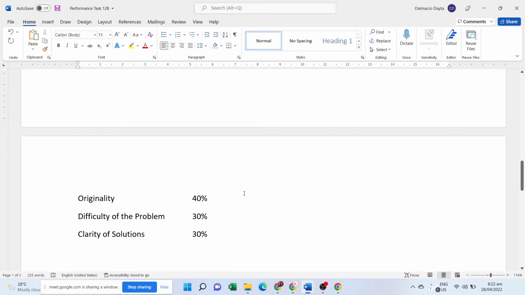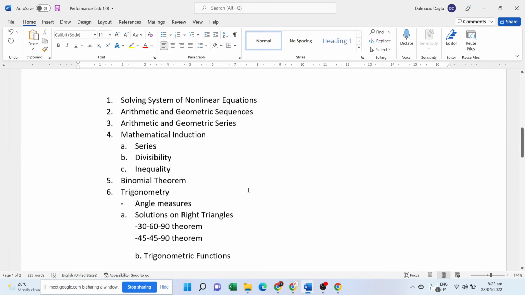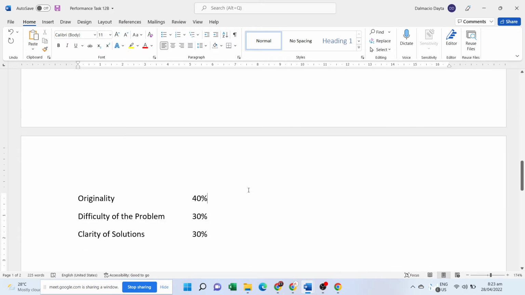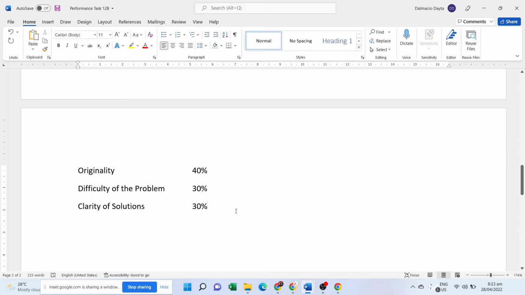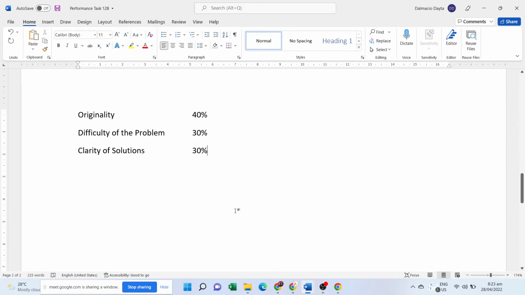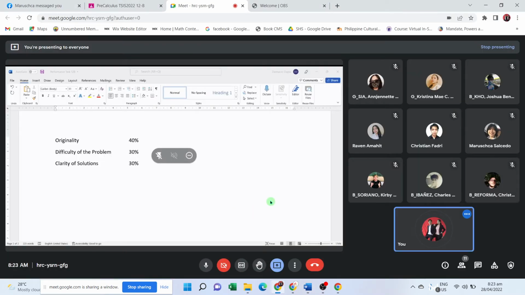That will be 40%. Your work should not be plagiarized, and no citations. I don't want you to copy anything, even if you cite. It really must be an original problem. Difficulty of the problem will get 30% and clarity of your solution will be 30% for a total of 100%. Do you have any question about the performance task for the fourth quarter?